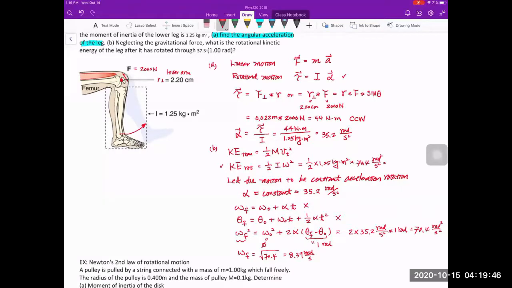When you multiply this together, 1.25 divided by 2 times 70.4, then I get 44. So that is how you can calculate the kinetic energy of the rotation, and understand how you can use the definition of the torque and the definition of the kinetic energy for rotation to find the solution for this example.